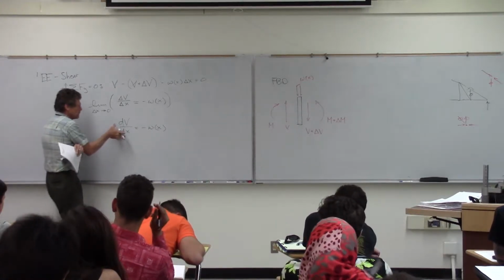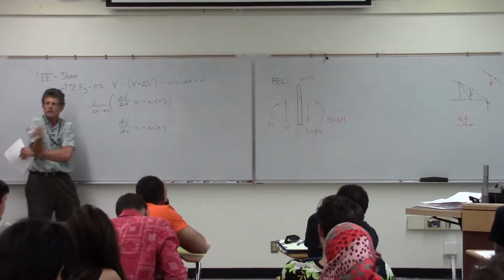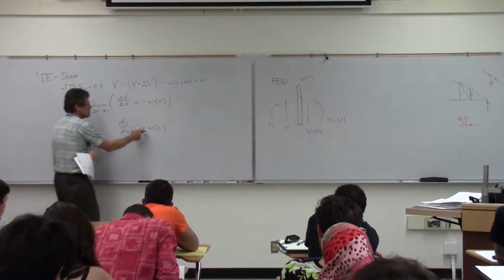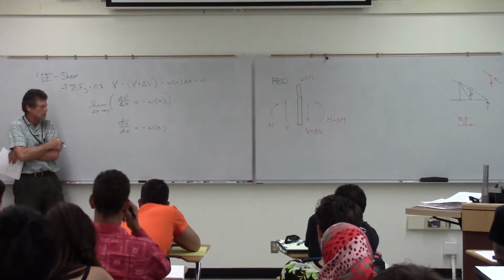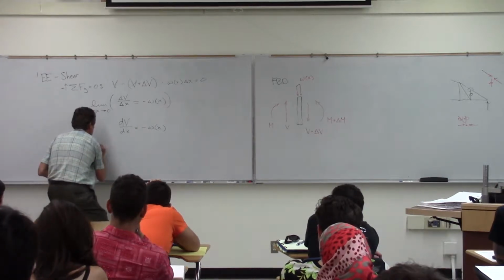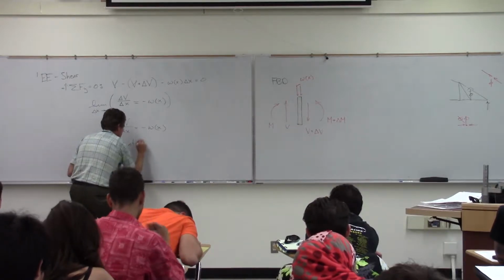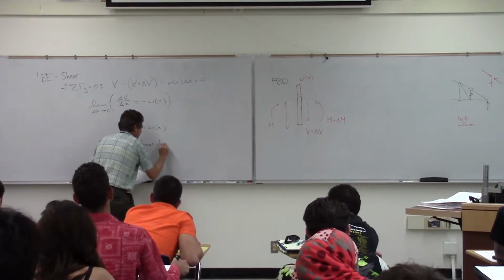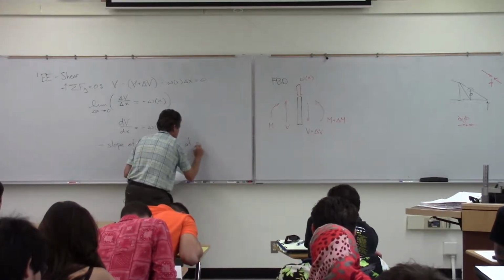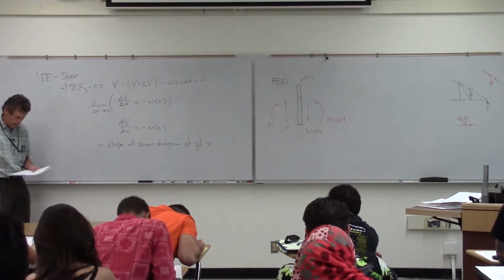Okay, this is basically the slope of our shear diagram. It's dV dx, so it's basically the slope of shear along that x direction there, and it says it's just simply going to be equal to that distributed load at point x. So to state that, the slope of the shear diagram at point x.